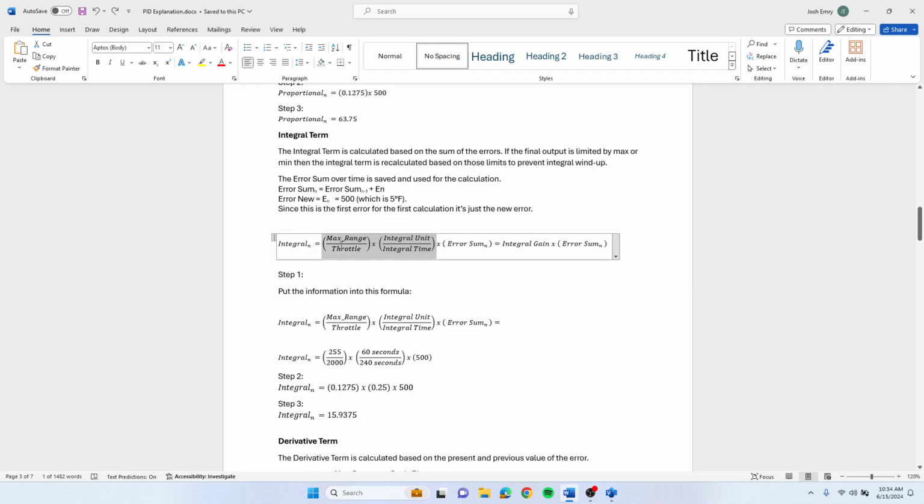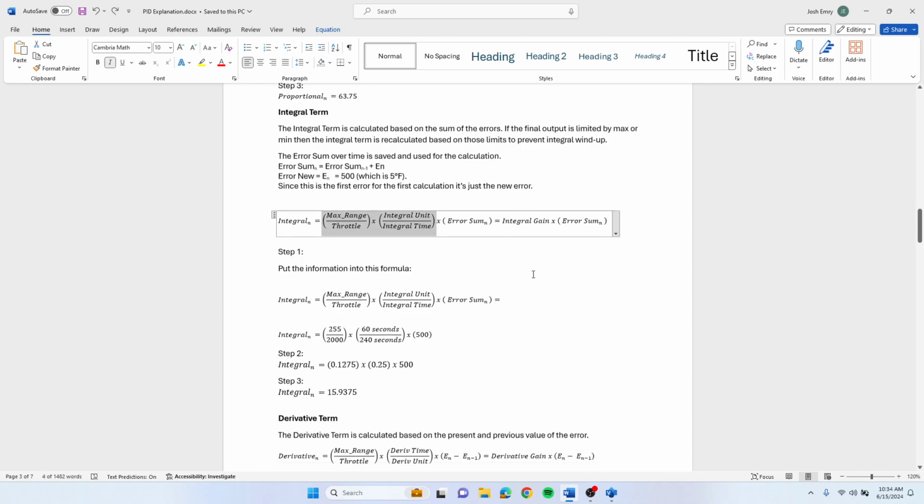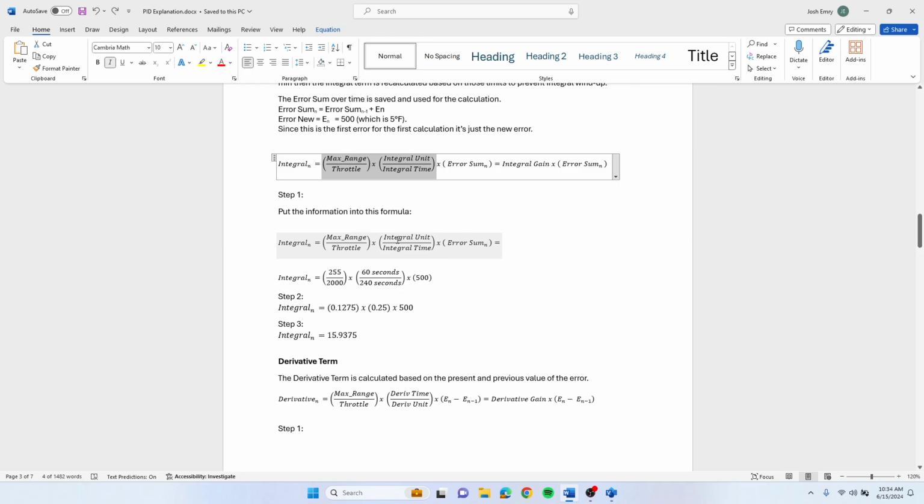So this, again, this is where the integral gain is this section right here. And what I'm telling you here is it's max range divided by throttle. So that was your proportional times this integral unit divided by integral time. And this times your error sum, which equals integral gain, which is, again, this, times your error sum. So we put the information in the controller or into the formula.